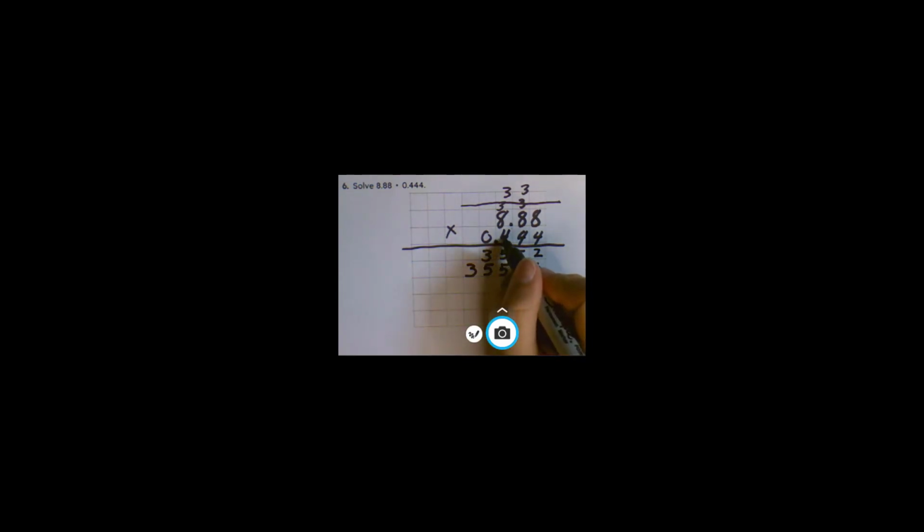I'm moving over 2, so I add 2 zeros, and cross off my regroups so I don't use them again. Now 4 times 8 is 32, carry the 3. 4 times 8 is 32, plus that 3 is 35, carry the 3. 4 times 8 is 32, plus that 3 is 35.